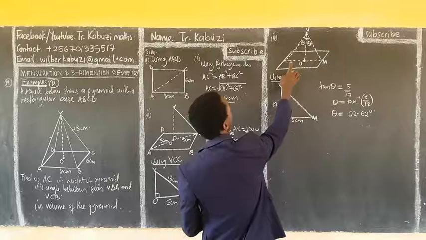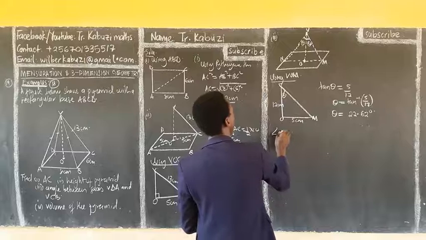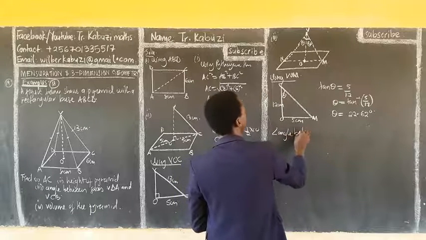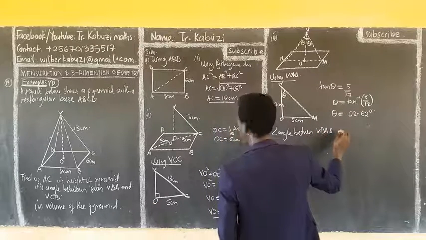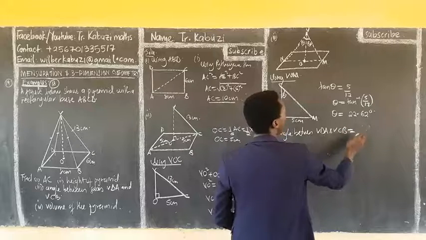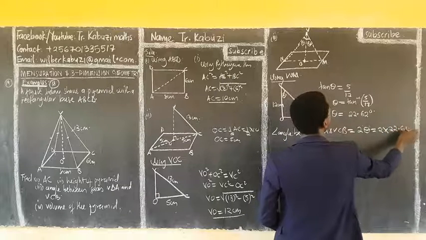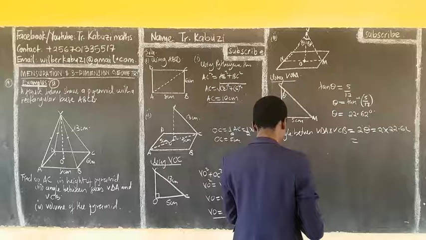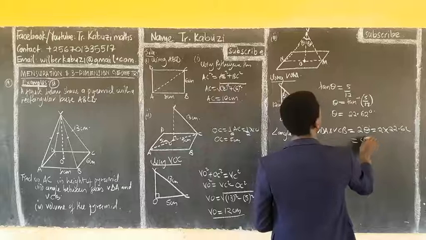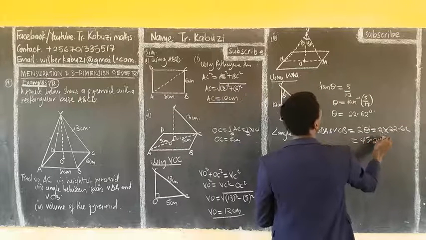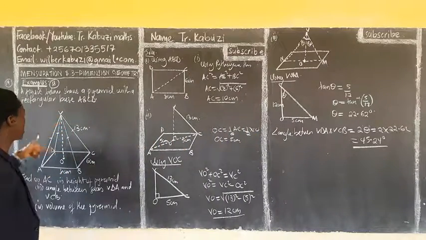So now, meaning that the angle, if I call this N, so the angle between the planes VDA and VCB is going to be 2 theta, which is going to be 2 times 22.62, and now that angle is going to be 45.2 degrees. So always note that you just need to get the angle between these two, as simple as that.